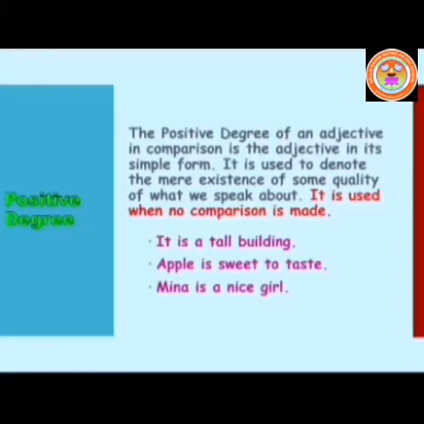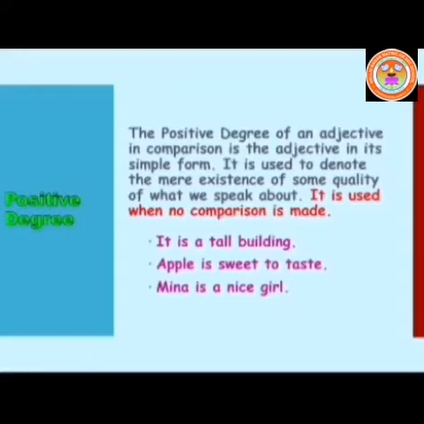It is a tall building. Apple is sweet to taste. Mina is a nice girl. So here there is no comparison done. It is a simple sentence. Some quality of that particular person has been highlighted. Building. What sort of building? Tall. Quality. Then apple.